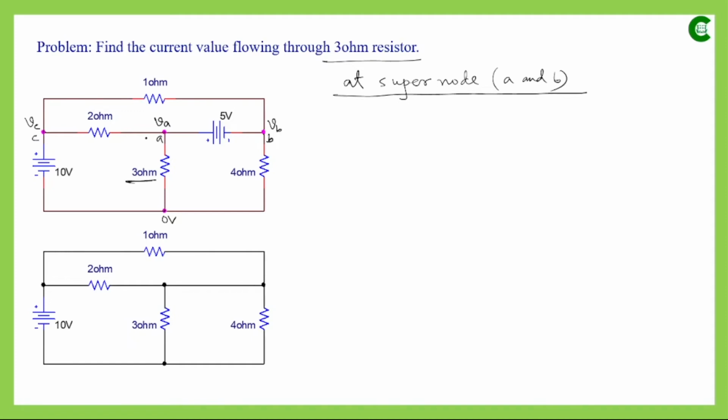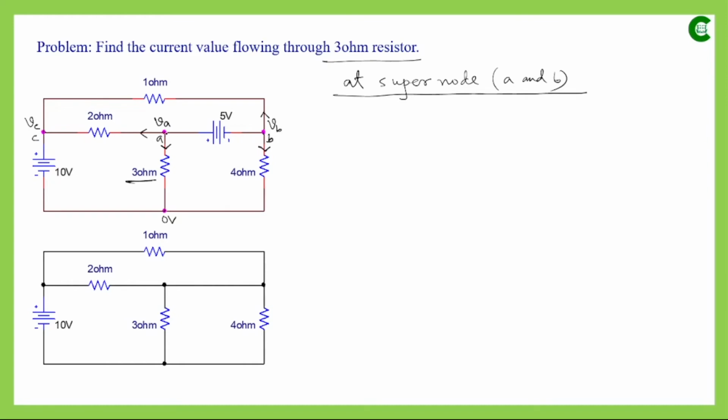The current directions are not given for the resistors, so we will assume that all the currents are leaving that particular node. In case of A, the currents flowing through these resistors will be leaving. Again, with respect to this node also, the current directions are not given, so we will assume that these currents are leaving that node.